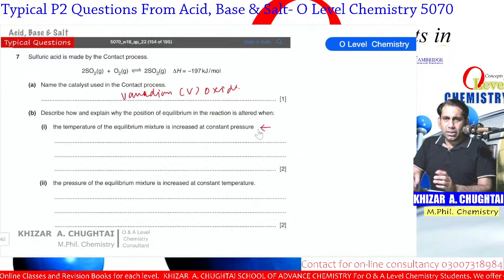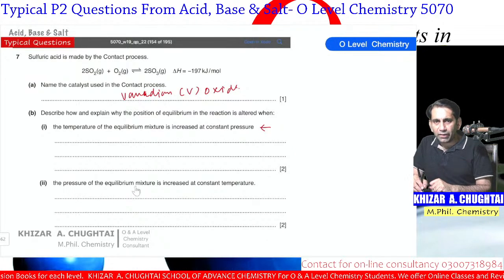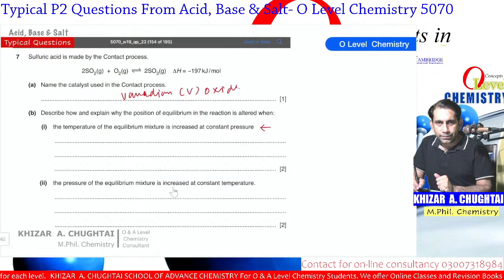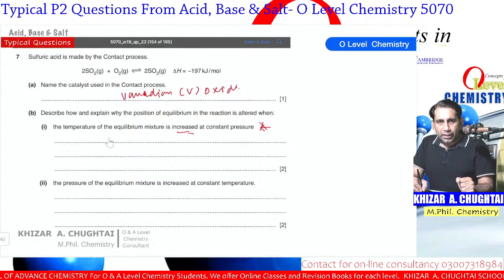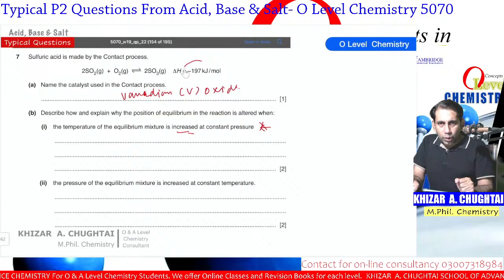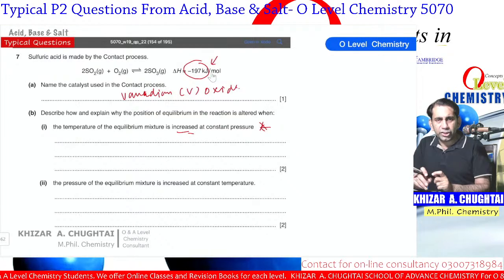The next one is at constant pressure, the temperature of the equilibrium mixture is increased. Sorry, the first one was temperature increased at constant pressure, not the pressure one. If the temperature is going to increase, then see what is the nature of this reaction, that is exothermic.